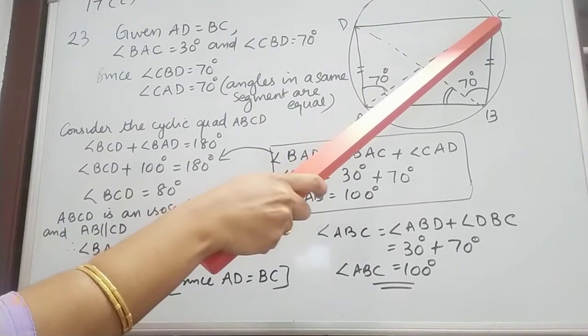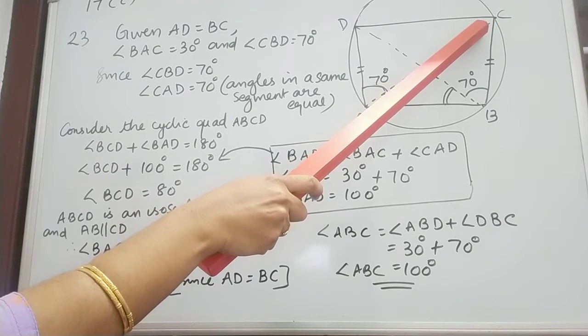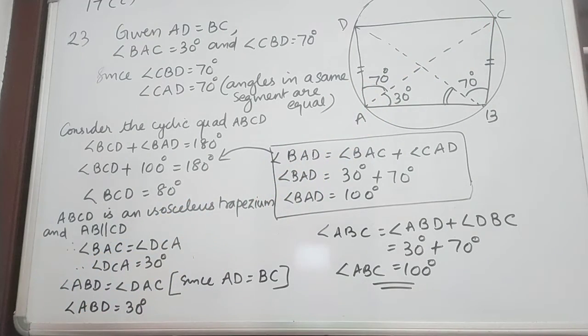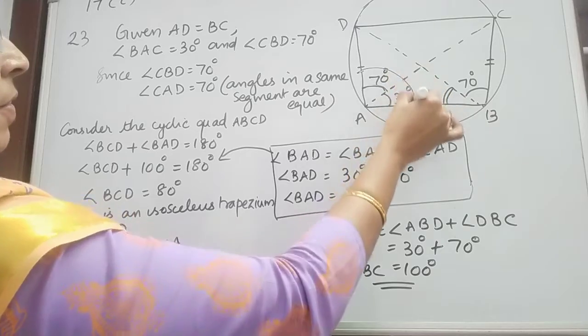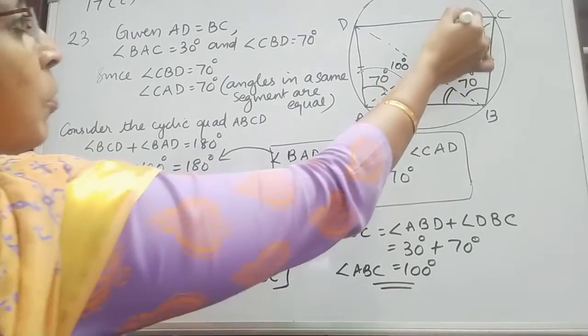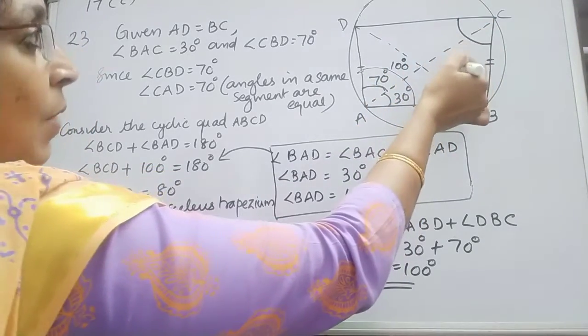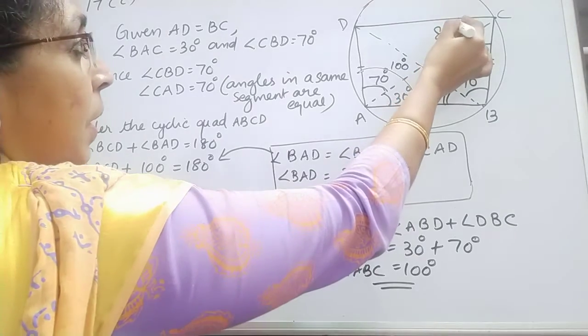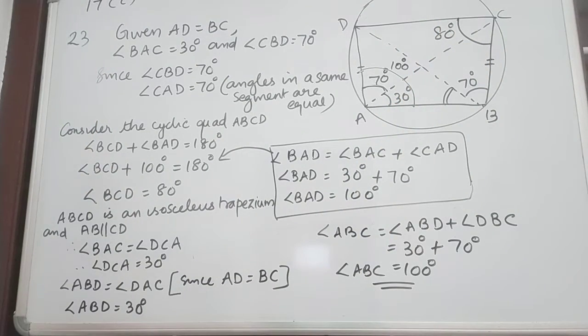So what about angle BCD? BAD is 100 degree, and the sum is 180 degree, so this angle will be 180 minus 100, which is equal to 80 degree. So BCD is 80 degree.